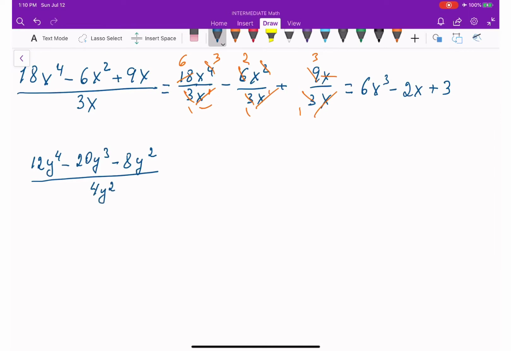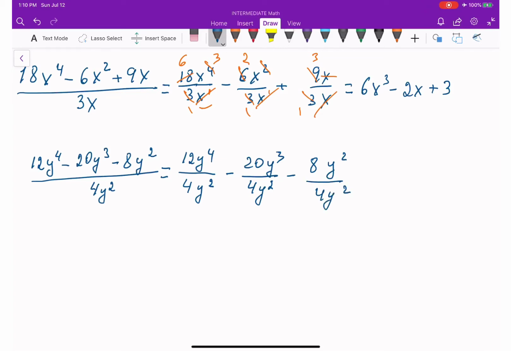Okay, so this is going to be 12y to 4 over 4y squared minus 20y to 3 over 4y squared minus 8y squared over 4y squared.